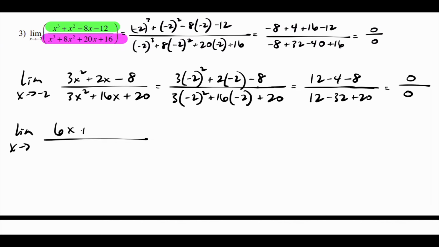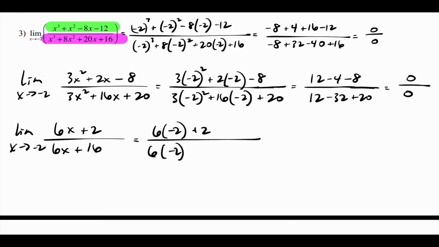So we're going to get 6x plus 2 over 6x plus 16. So plug in -2. So -12 plus 2, -12 plus 16. -10 over 4, -5 over 2.